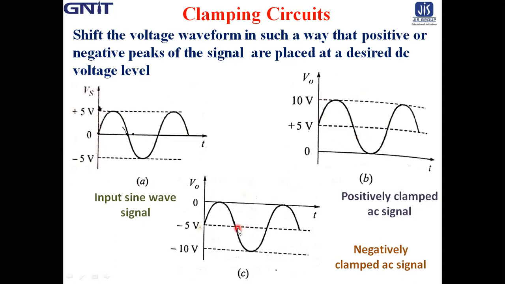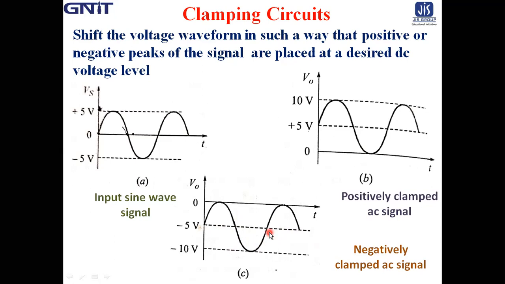Now, negative clampers, on the other hand, lower the input signal in such a way that the positive peak just touches the 0 voltage axis. See, this is an example of a negative clamped AC signal.